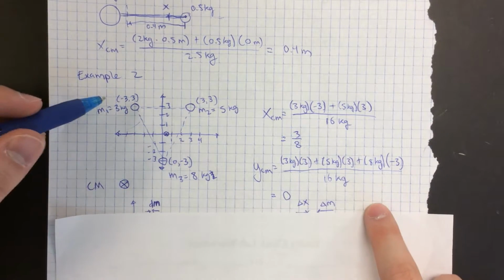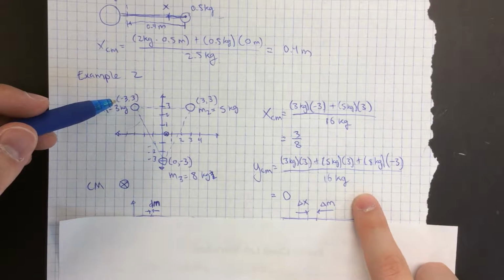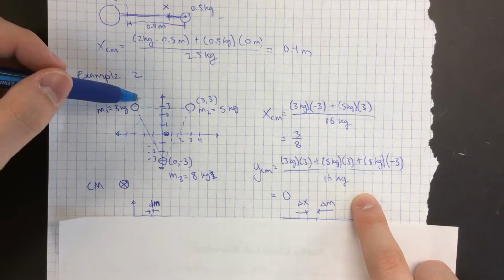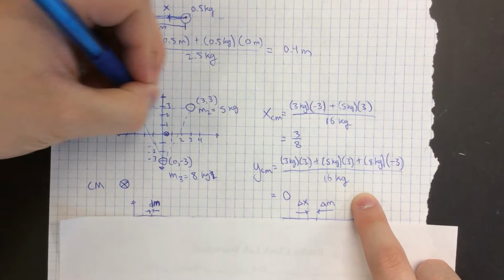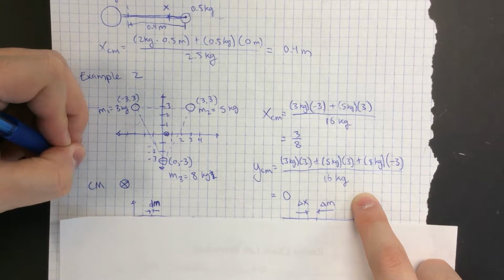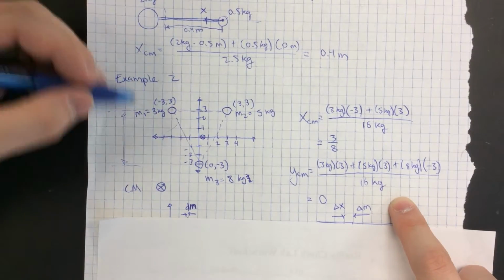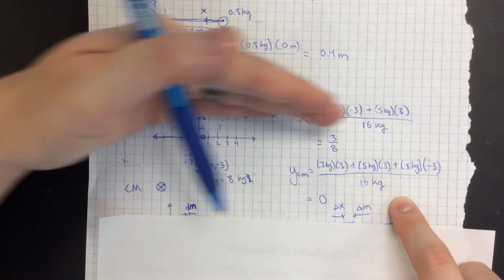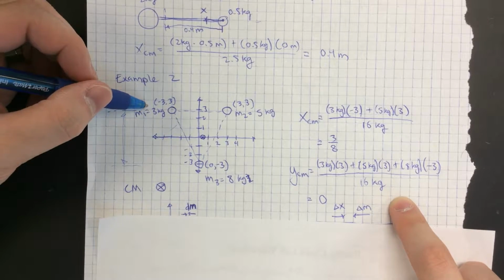Then you do it in the y direction. Again, if this ends up being a multiple choice question, you're trying to do this fast. In terms of the y, in the y direction, on this row, 3 meters away from the x-axis, you have 8 kilograms there.